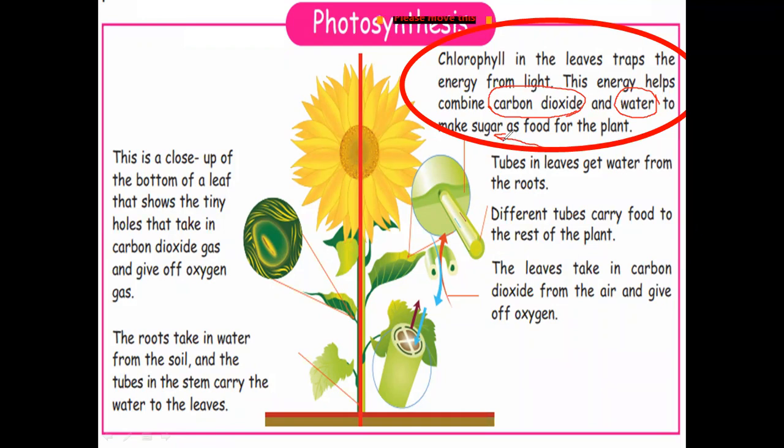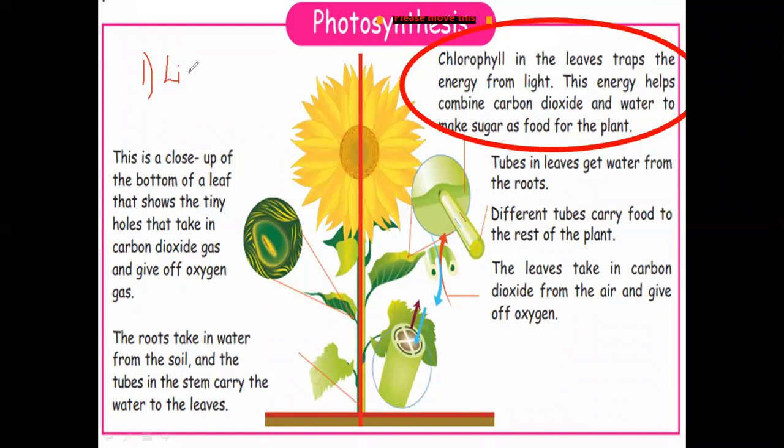This sugar is stored as starch. So the plant will store the sugar as starch and will use it later on. So here the plant will combine carbon dioxide, CO2, and H2O, the water, to make the sugar, which is stored as starch. So from now on, you know that photosynthesis first needs sunlight. This is number one.